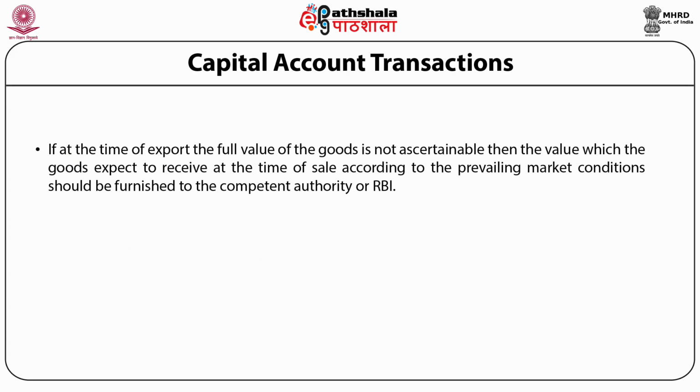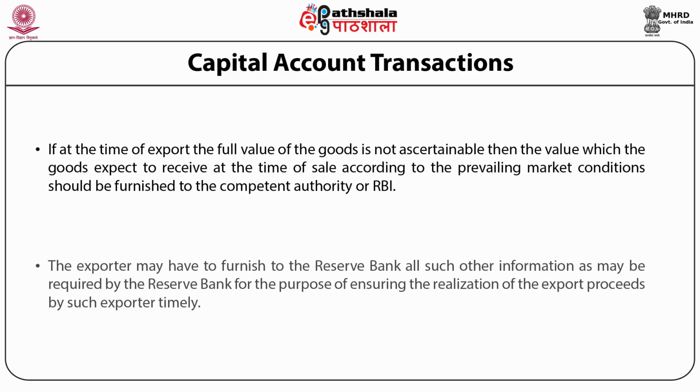If, at the time of export, the full value of the goods is not ascertainable, then the value which the exporter expects to receive at the time of sale, according to the prevailing market conditions, should be furnished to the competent authority or RBI. The exporter may have to furnish to RBI all such other information as may be required by the Reserve Bank for the purpose of ensuring timely realization of export proceeds.